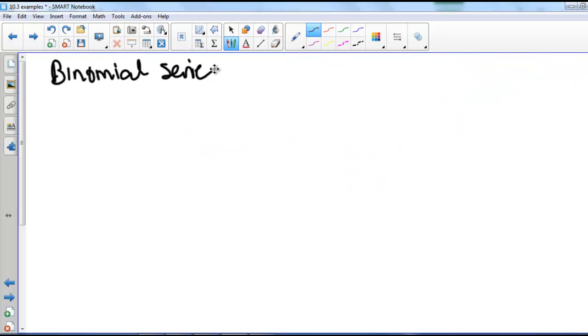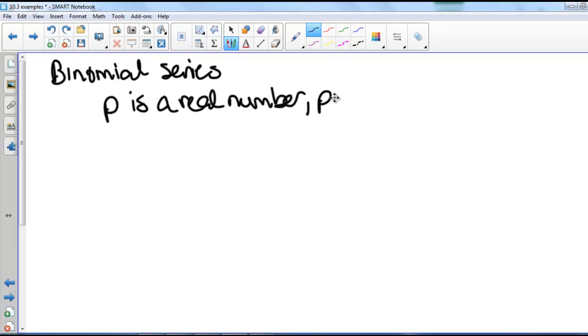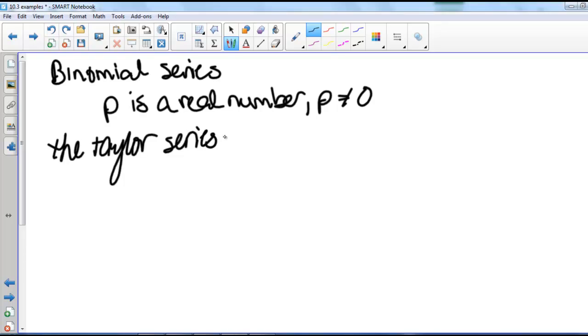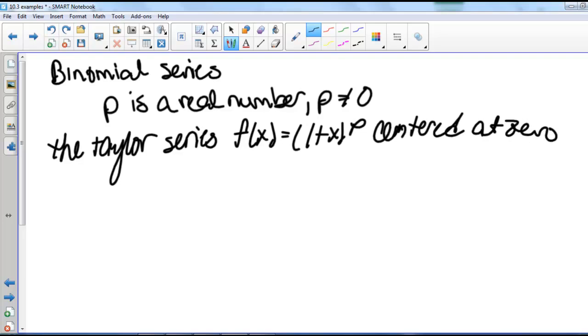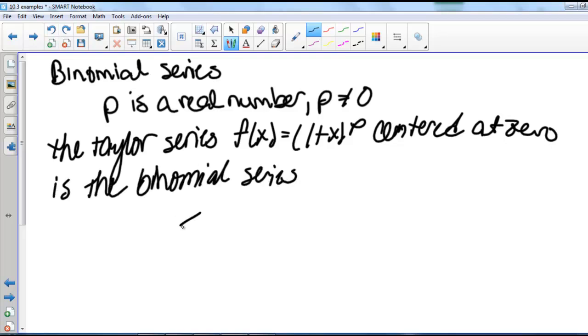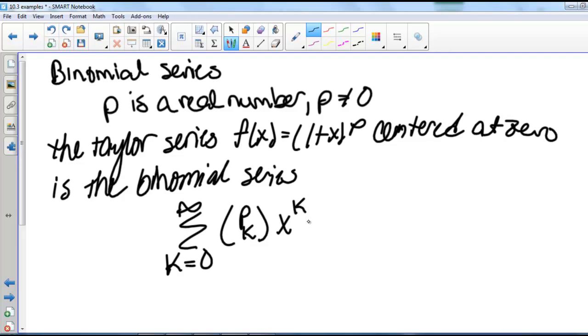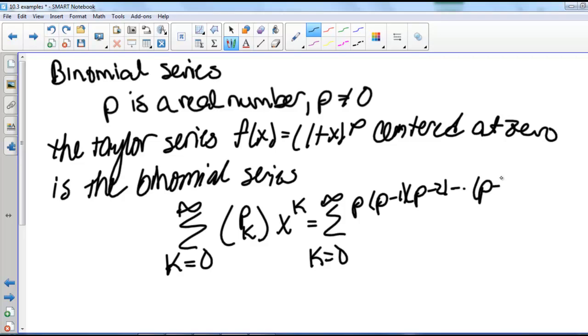So for binomial series, if we have a real number p and p does not equal 0, then the Taylor series of f of x equals 1 plus x to the p centered at 0 is the binomial series, which is the series from k equals 0 to infinity of p choose k times x to the k equals the series k equals 0 to infinity of p times p minus 1 times p minus 2 all the way up to p minus k plus 1 divided by k factorial times x to the k.